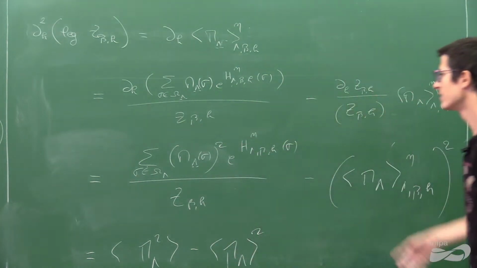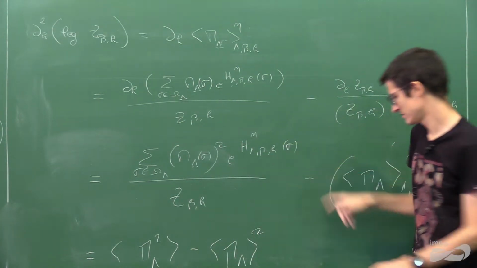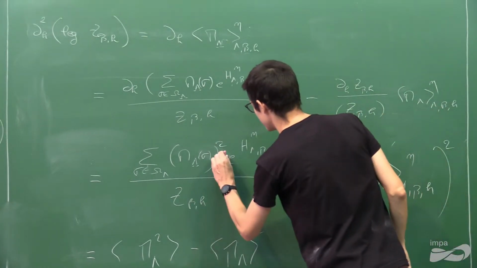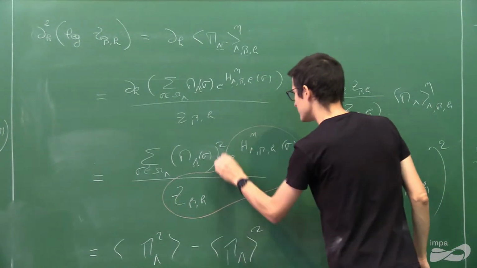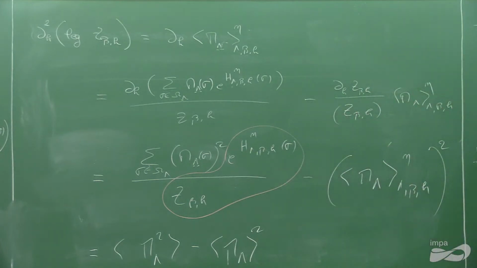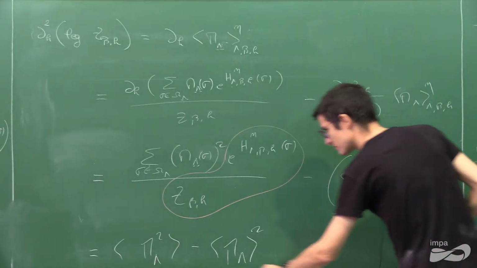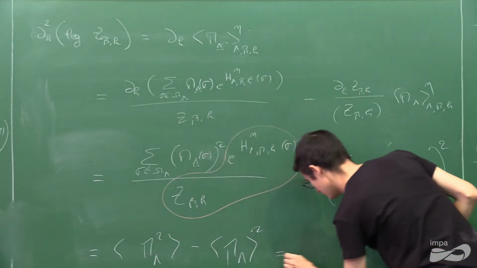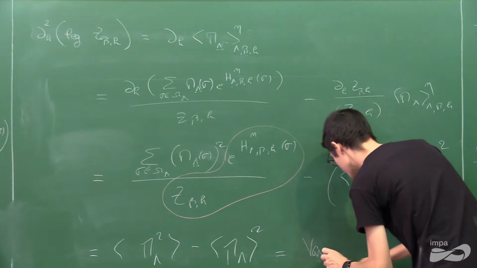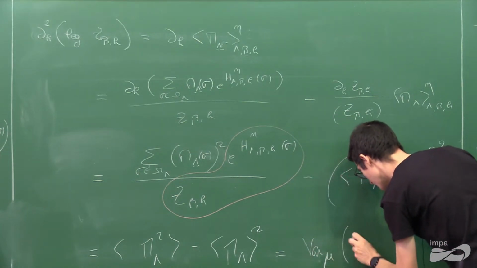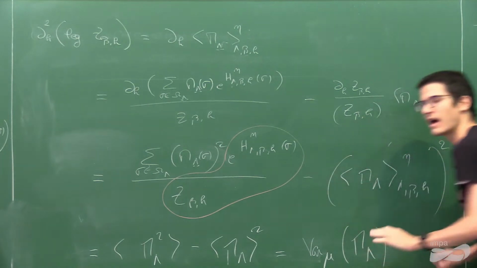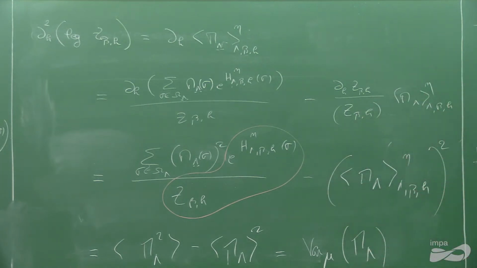In the end, because this is an average with respect to mu, this is just a variance. So this is the variance with respect to mu of m lambda, and I've dropped all the indices in the end.